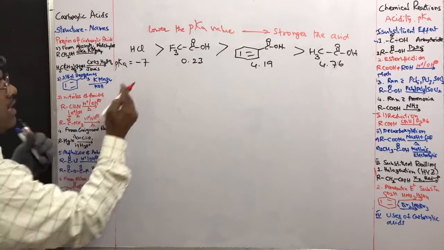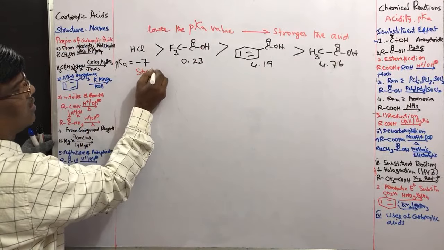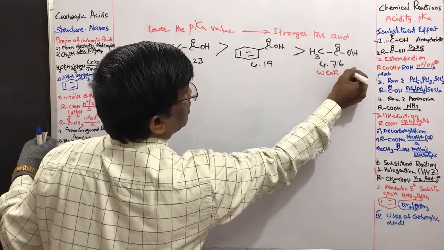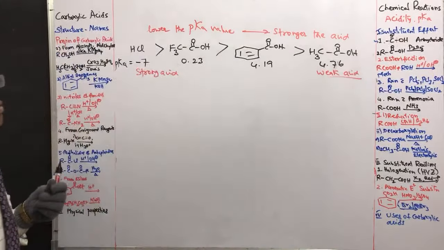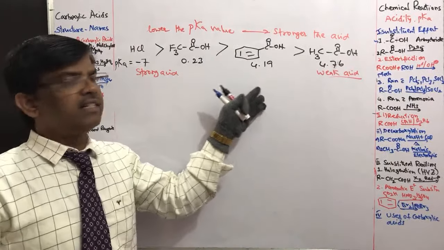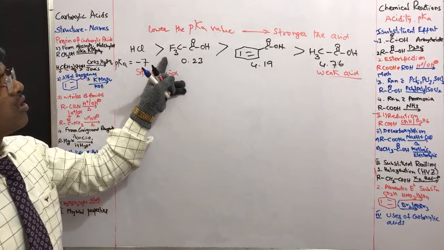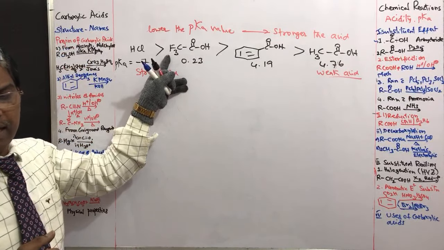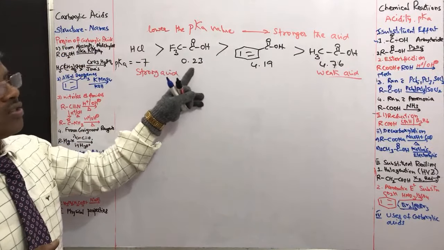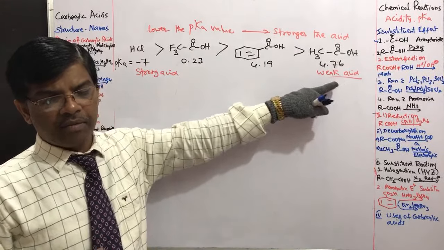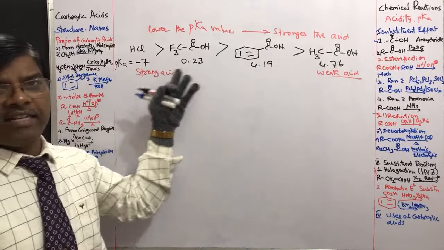This is a strong acid, and this is a weak acid. Carboxylic acids are moderately strong acids, where substituted carboxylic acids with strong electron-withdrawing groups are going to be strong acids, and this is a weak acid. Yes, Yadav, I am repeating this acidic strength.